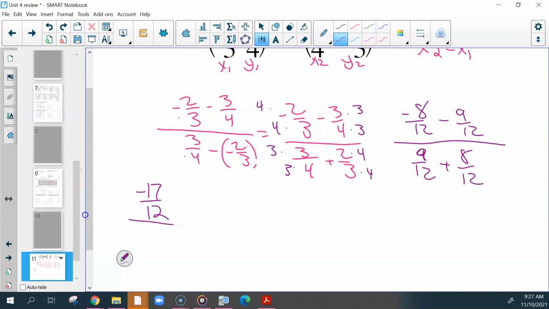And 9 plus 8 would give us a positive 17. And then we don't like fractions within fractions, so to get rid of this, we're going to multiply by the reciprocal.